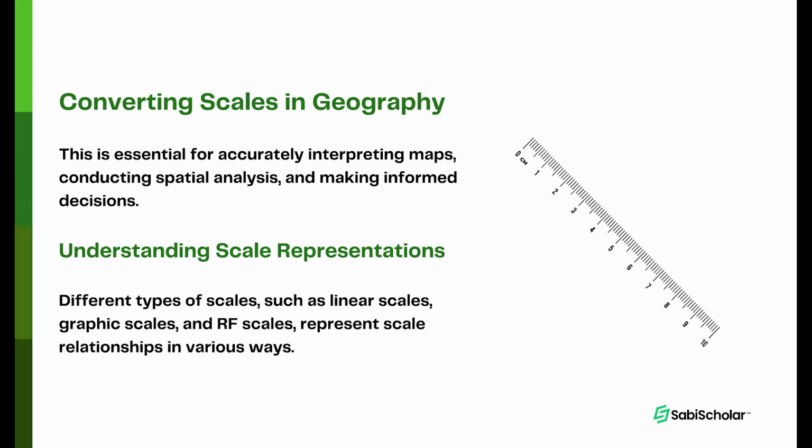The linear scale typically uses a ratio or verbal description to express a scale, while the graphic scale uses visual bars or lines marked with distances. On the other hand, we also have the RF scale that expresses scale as a ratio such as 1:50,000, indicating that 1 unit of measurement on the map represents 50,000 of the same unit on a physical plane.